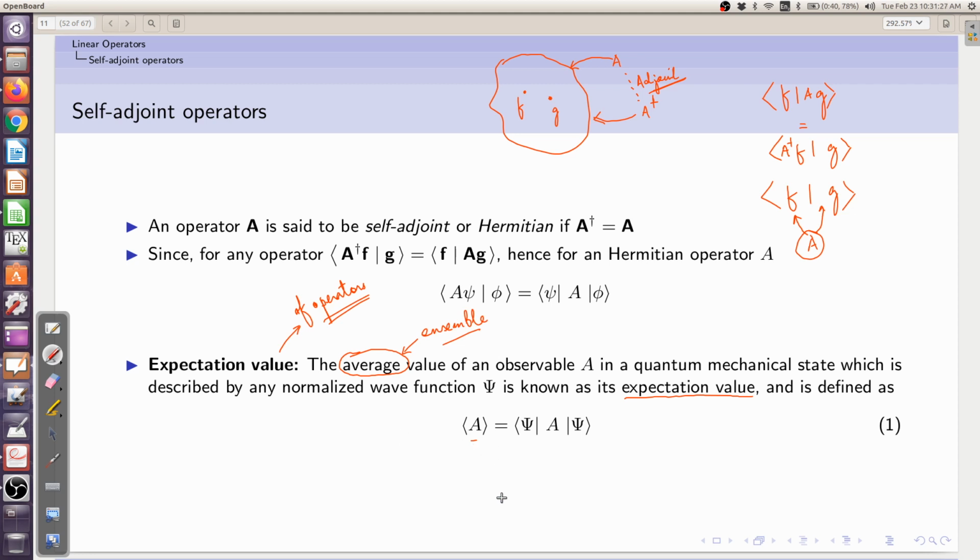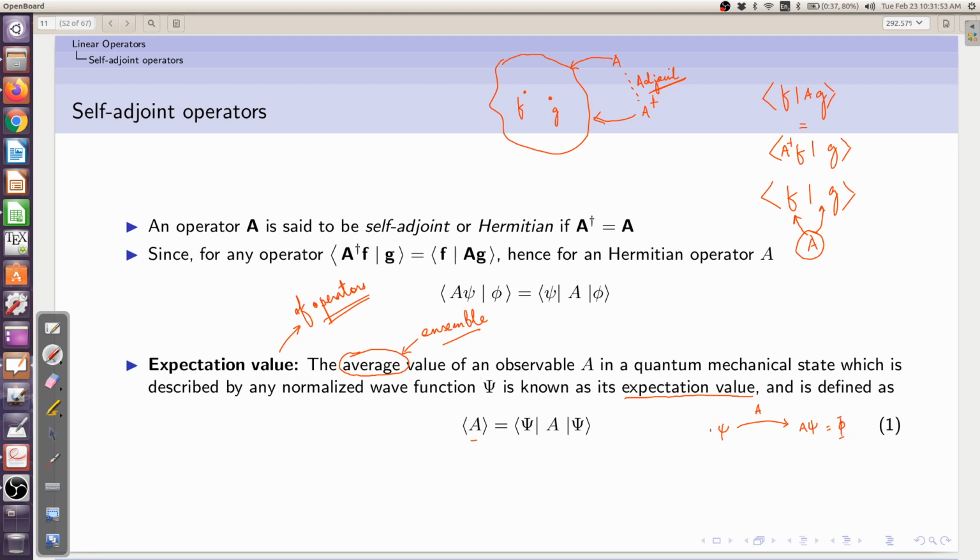So the expectation value of this operator A is defined in this way. You take some wave function psi, and on this wave function, if I apply the operator A, it will give me a new wave function, A psi. You could call it phi also if you want.